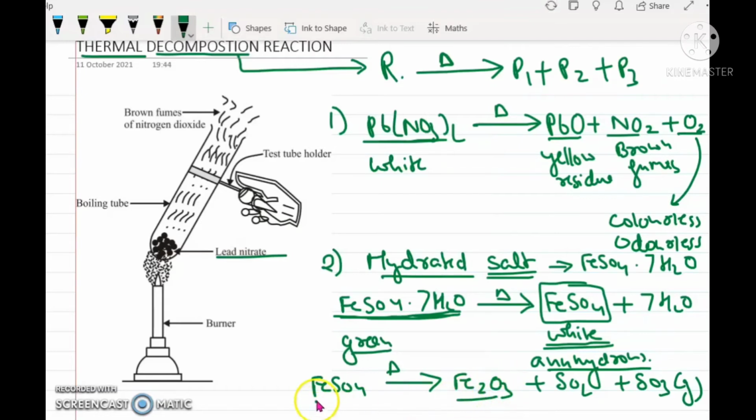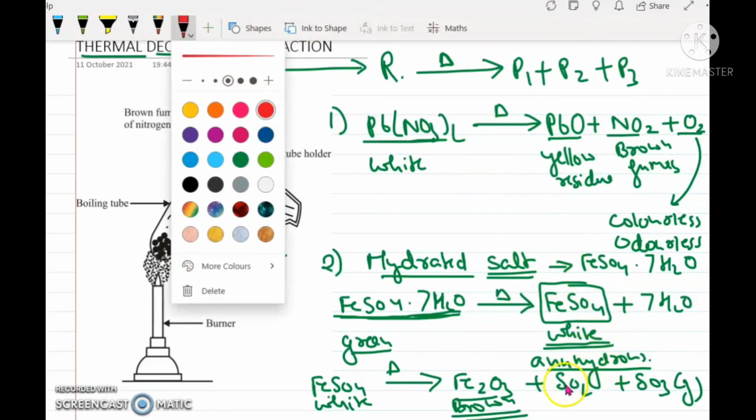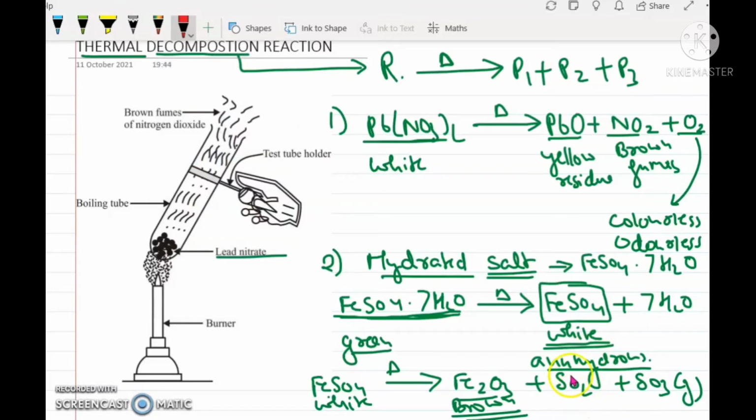Please understand, the white color solid when heated gives rise to a brown color residue. Whenever they talk about the brown color residue, they are hinting you towards the thermal decomposition of FeSO4.